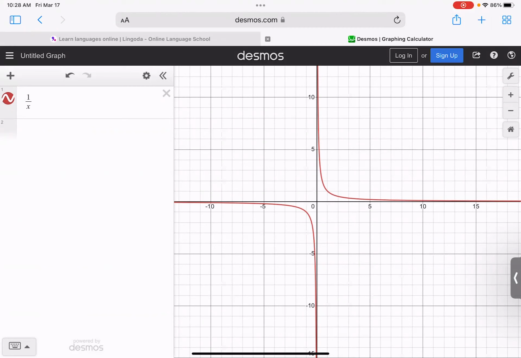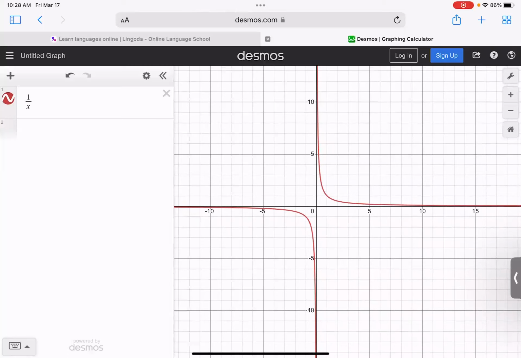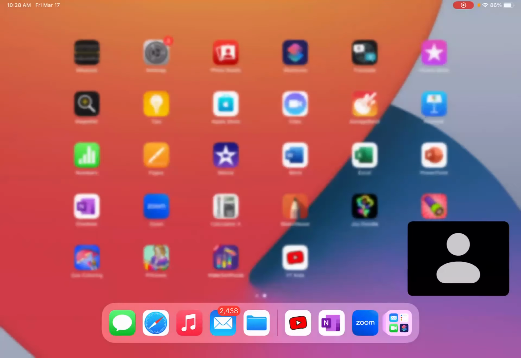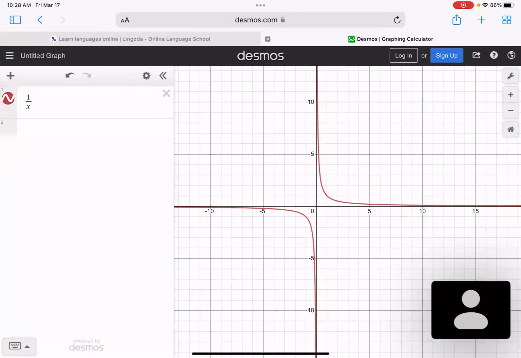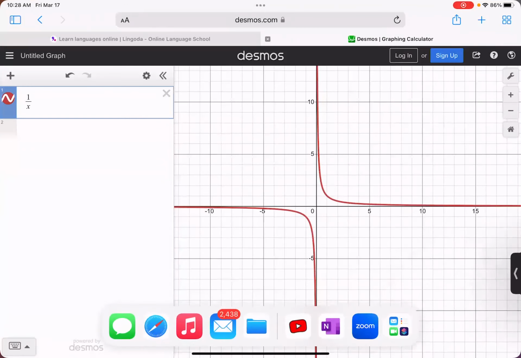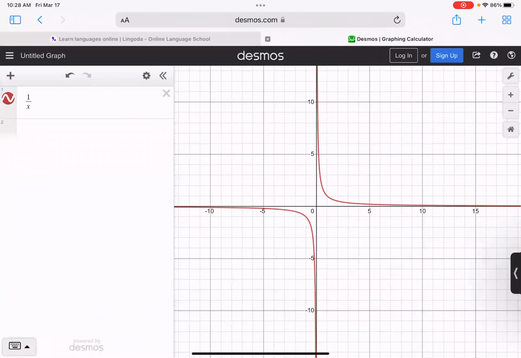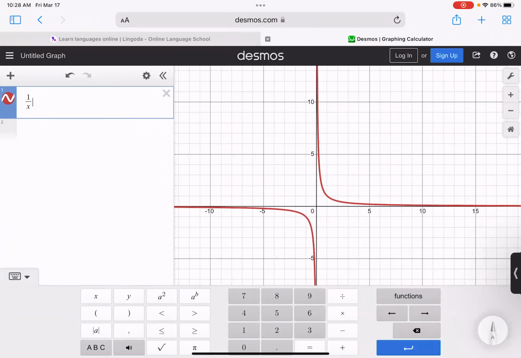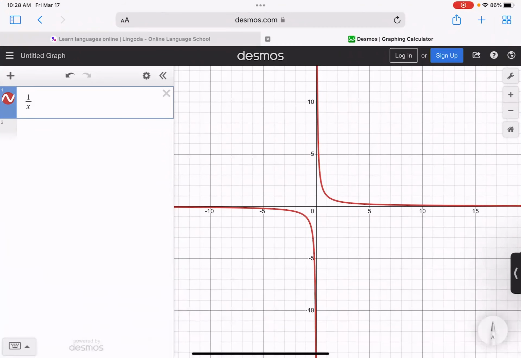But how about x equals 0 and y equals 0? x equals 0 is a vertical line. I don't know how to graph it on the website. It doesn't matter. Ignore that. So vertical line, x equals 0, and horizontal line, y equals 0.